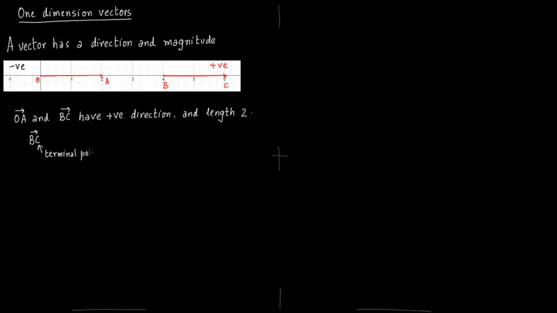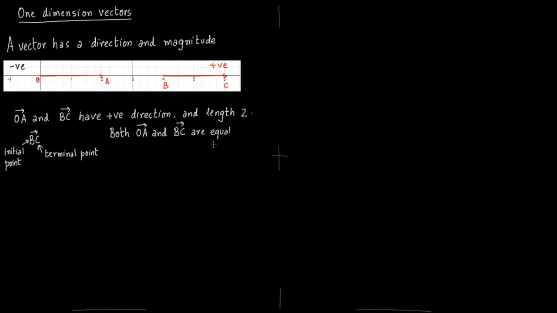So notice for the BC vector, C is the terminal point, B is the initial point, and that is the convention. So similarly for OA vector, A is terminal point and O is initial point. Now both OA vector and BC vector are equal.